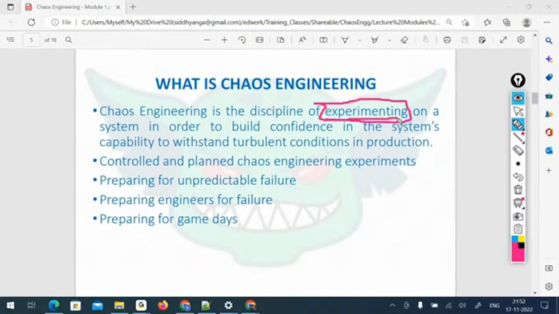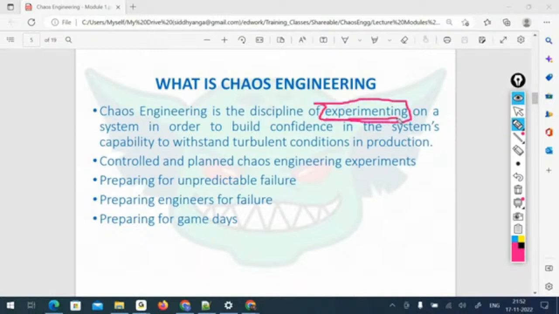So we run some experiments in production too, and we will see the procedure for executing the experiments as we progress in the course. Then, chaos engineering activities are always controlled and planned. It's not like we do some random experiment.